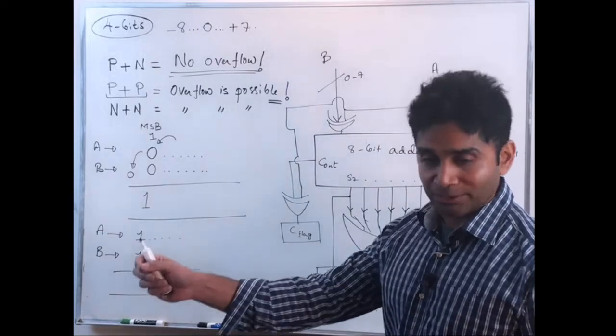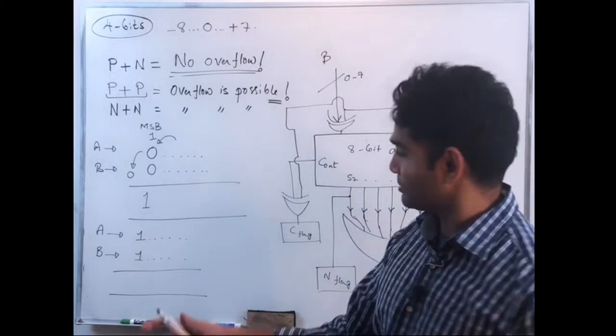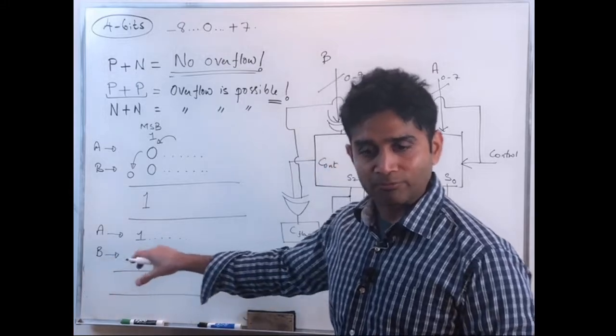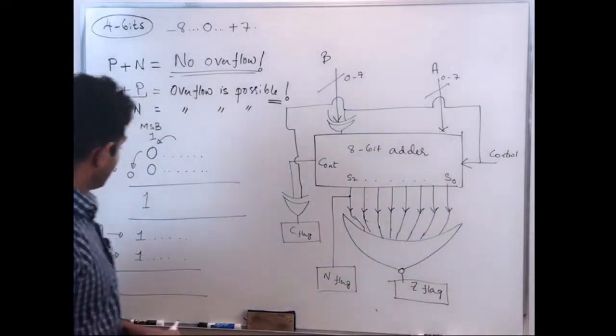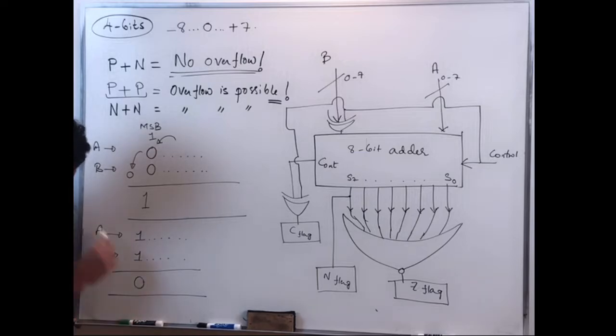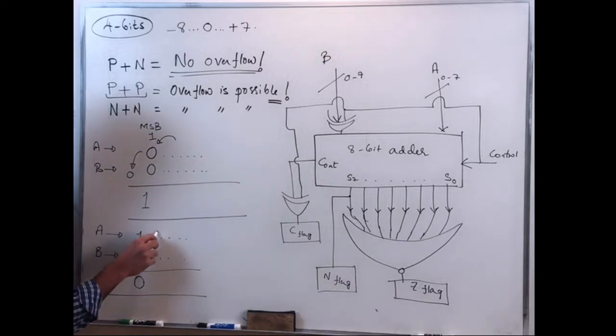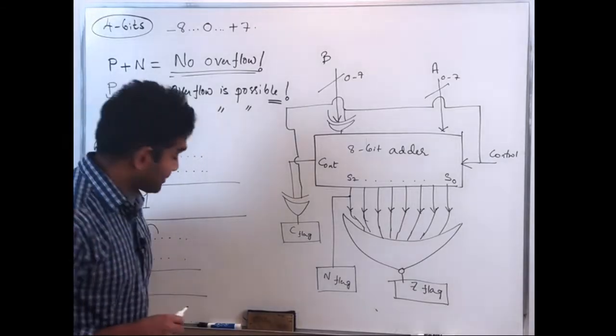Now, when I have an overflow condition, the answer would look like a positive answer, but it's actually not positive, because I'm not able to express the answer in the fixed number of bits. So I'm adding two negative numbers. When do I get a positive answer? I get a positive answer when my most significant bit is 0. When do I get a 0 here, when I'm adding two negative numbers? I get a 0 here only when my carry in to the most significant bit position is a 0. If it's a 1, then I get a 1.